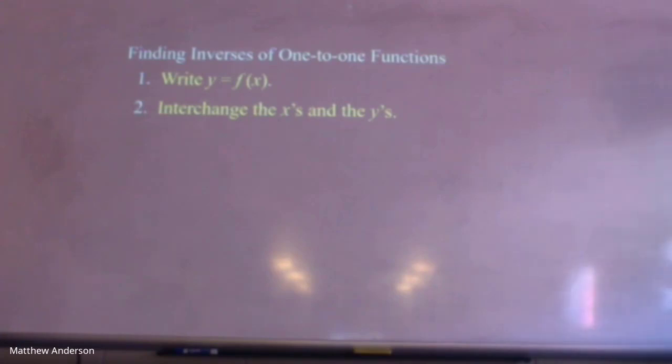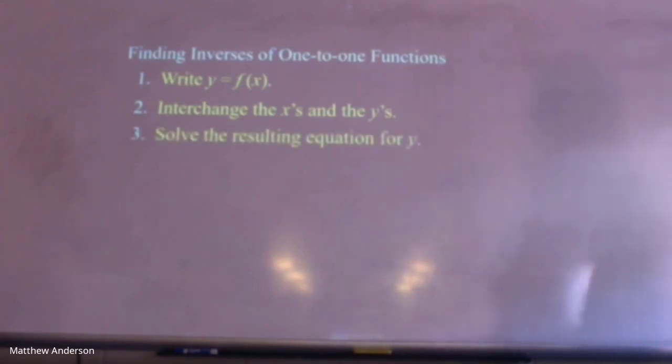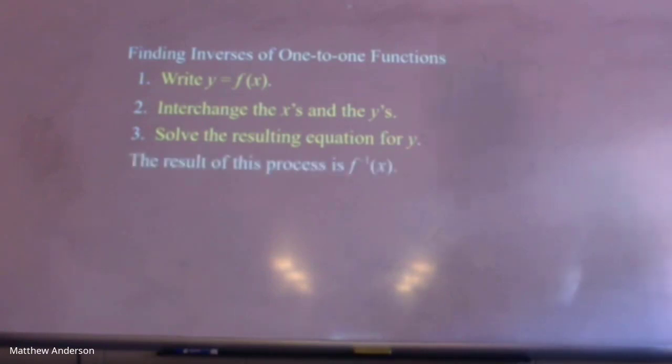But once you've done those, now you've got it set up, and you're going to be able to solve the resulting equation for y, which means now you're going to get that y by itself. And once you've gotten the y by itself, that is the inverse of the original function. Okay? And again, remember the idea of inverses is they're functions that undo each other.